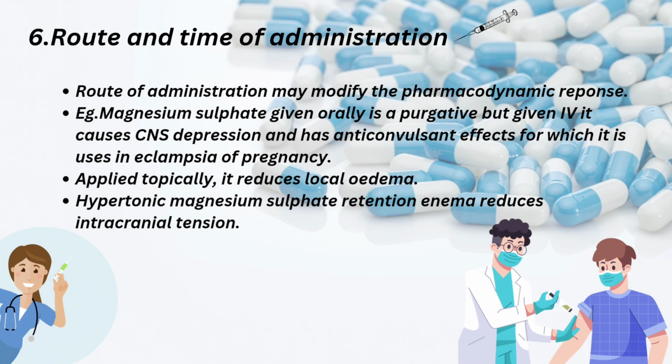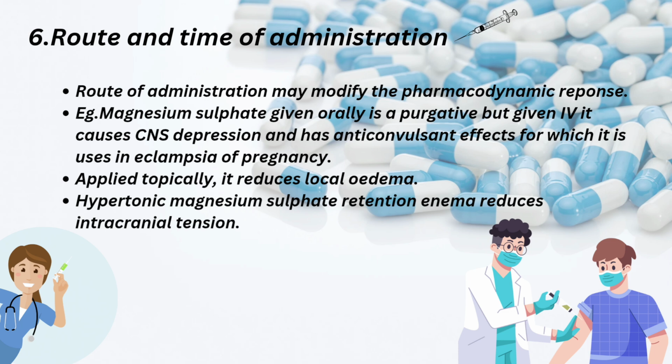The sixth factor is route and time of administration. The route of administration of a drug modifies the pharmacodynamic responses. When magnesium sulfate is given in different routes of administration, the response is also different.